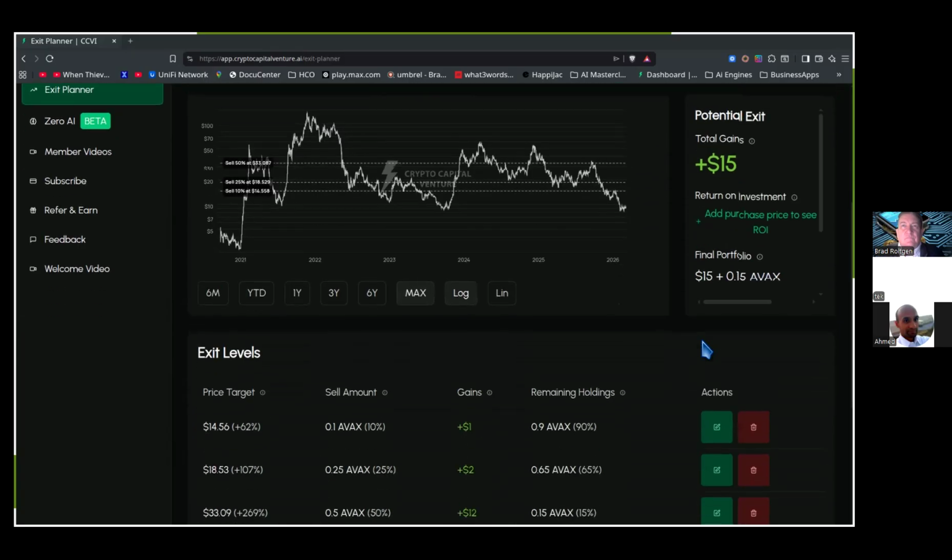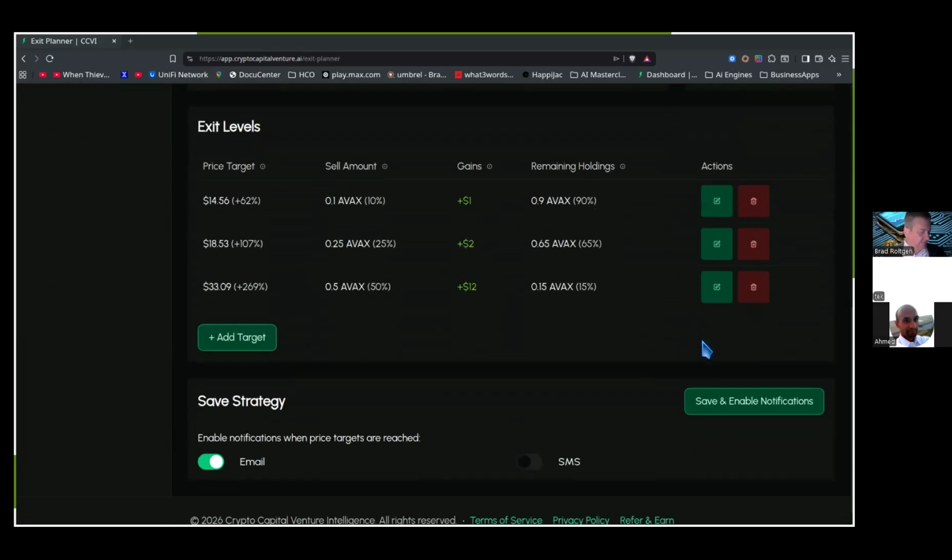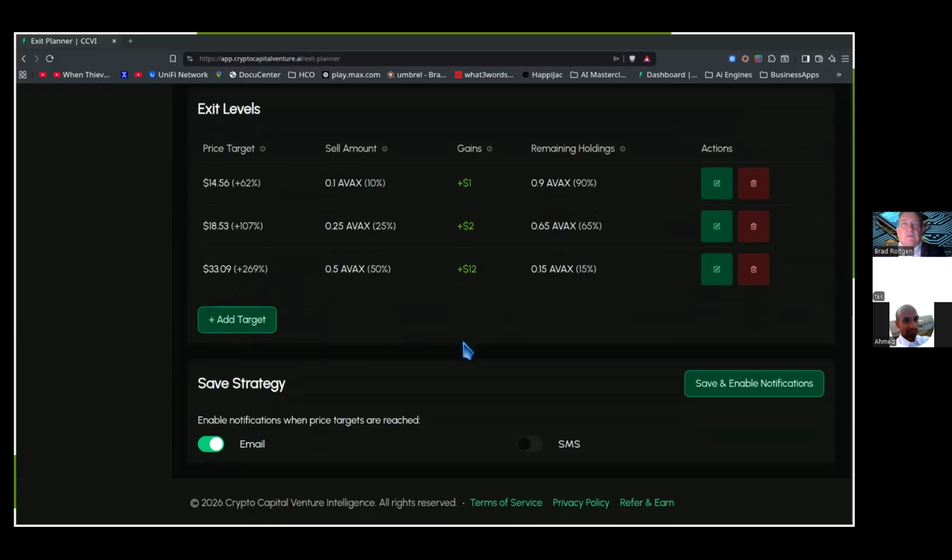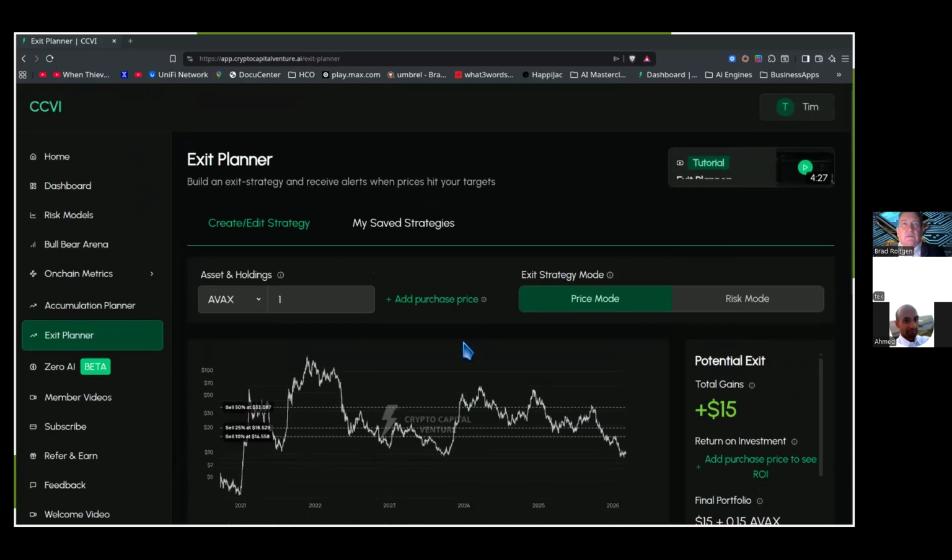And then once you go through and do that, which is what is happening here, you can add the target. I don't remember if I have some AVAX.